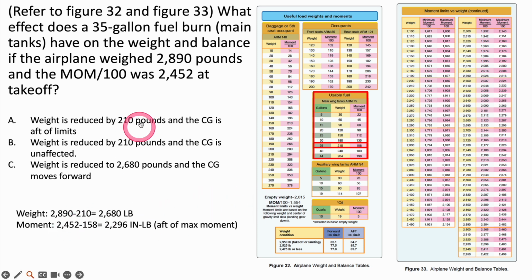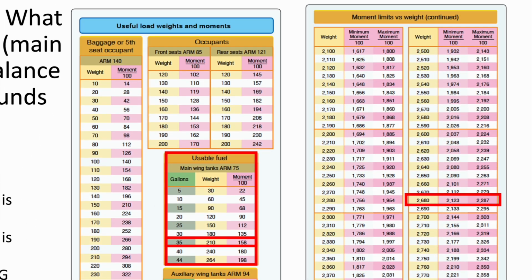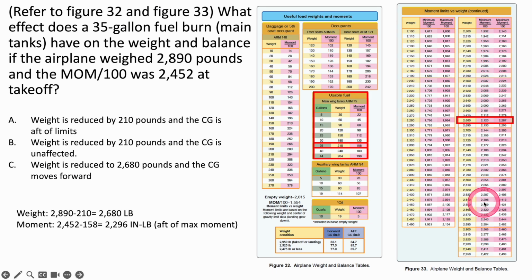Starting moment, 2,452, which we got from up here, minus 158, which we got from this table. Our new moment is 2,296 inch-pounds. Looking at the table on the right, we can locate our new weight, 2,680 pounds. The number on the left is the minimum moment, and the one on the right is the maximum moment.